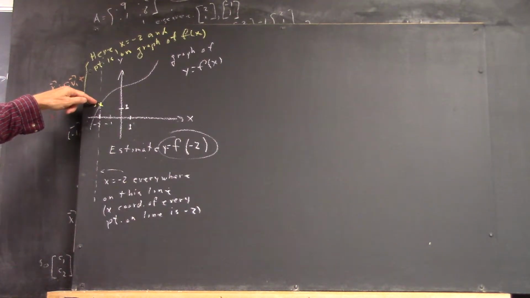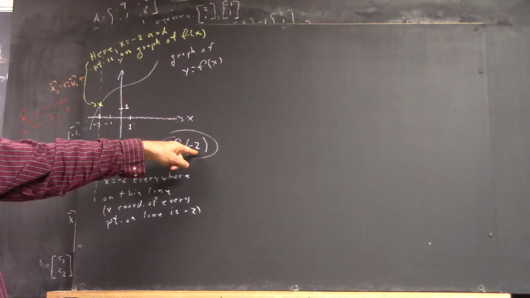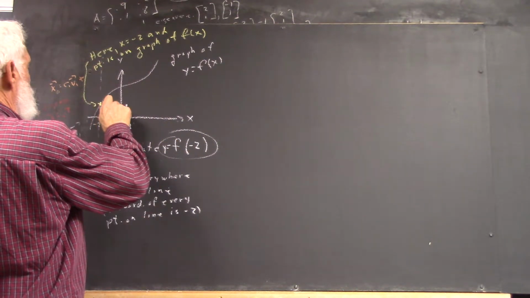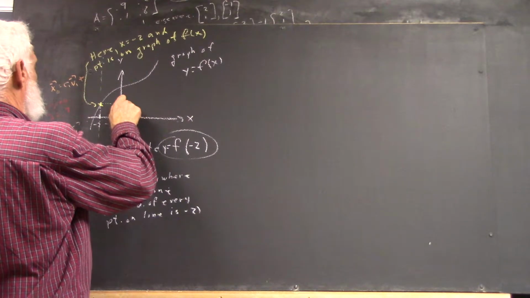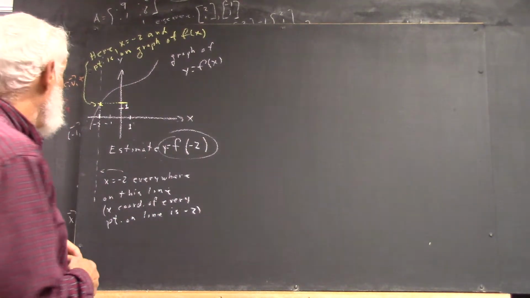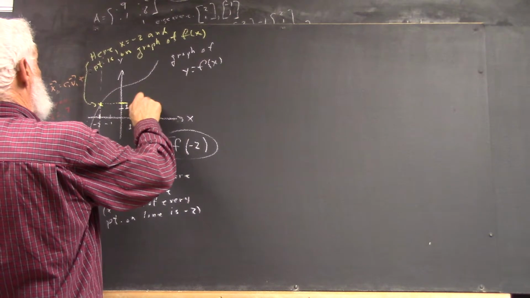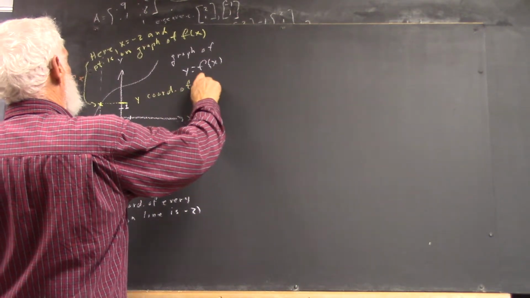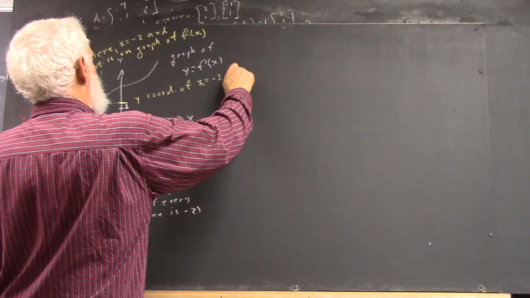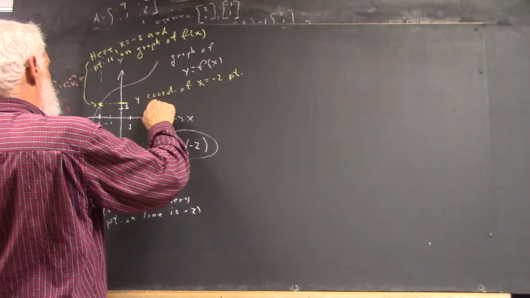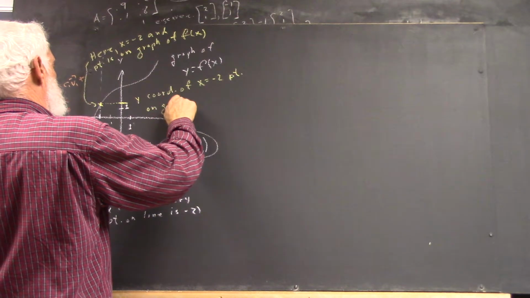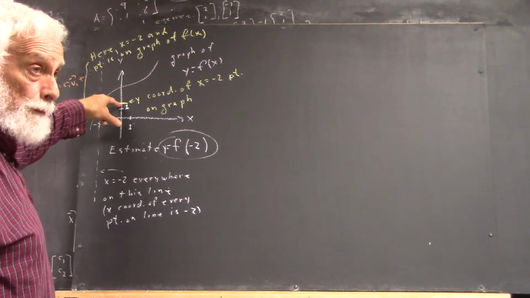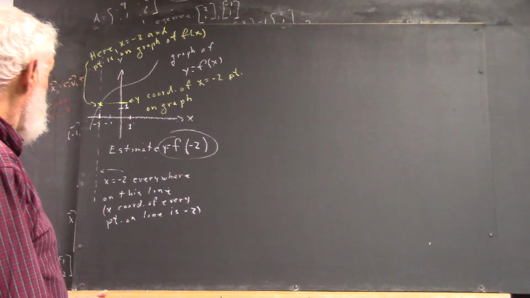So the y coordinate is f of -2. Okay? So the y coordinate is there. Okay? So what do you think the y coordinate is?